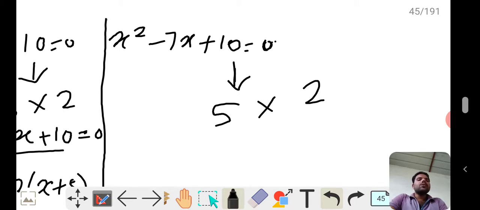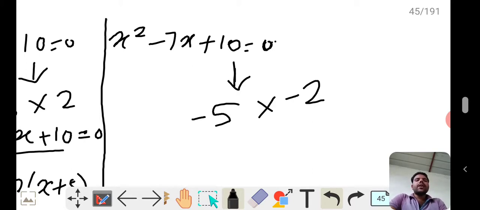We know that the multiplication of two negative numbers is positive. So if we put a minus sign on both numbers, we get the multiplication as plus 10 and the sum as minus 7.